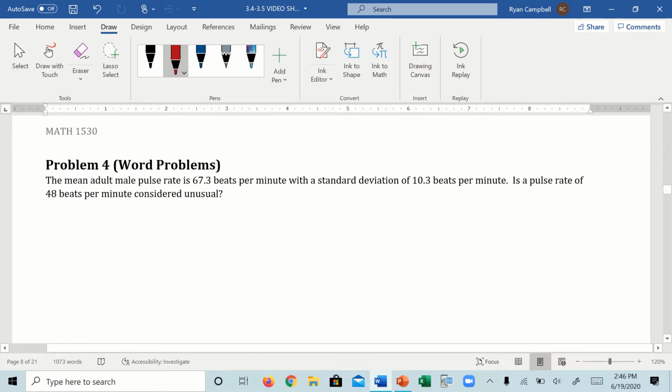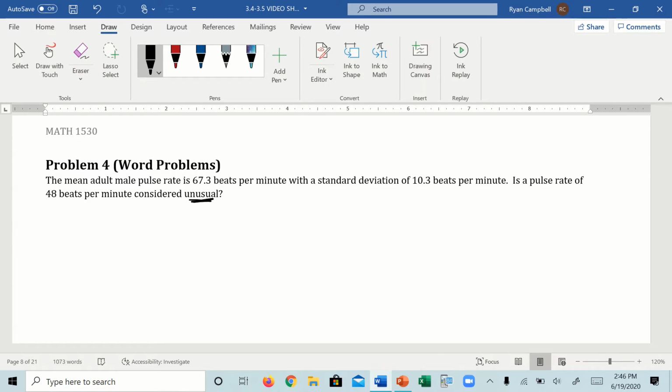Let's do another example. The mean adult pulse rate is 67.3 beats per minute with a standard deviation of 10.3 beats per minute. Is a pulse rate of 48 beats per minute considered unusual? Again, we don't have anything with probabilities, so we're going to have to use our mean and standard deviation rule.